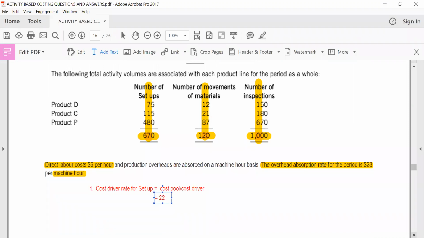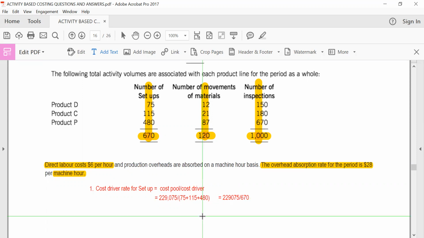That's 229,075. That's the cost pool, and the cost driver is the number of setups. And how did I get that? It is 75 plus 115 plus 480, right? So that is going to give you 229,075 divided by 670.